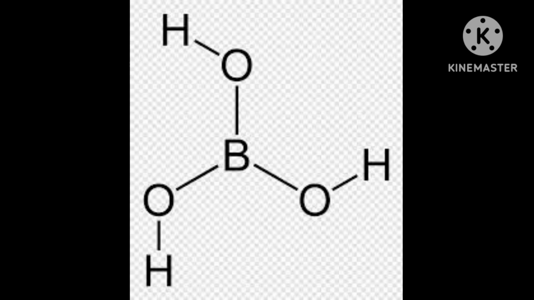It can be prepared by acidifying an aqueous solution of borax, means Na2B4O7 plus 2HCl plus 5H2O gives 2NaCl plus 4B(OH)3. This B(OH)3 is the important one. This is actually orthoboric acid.